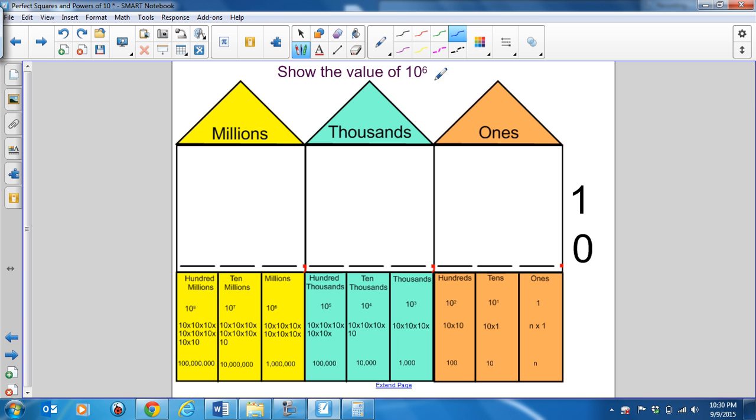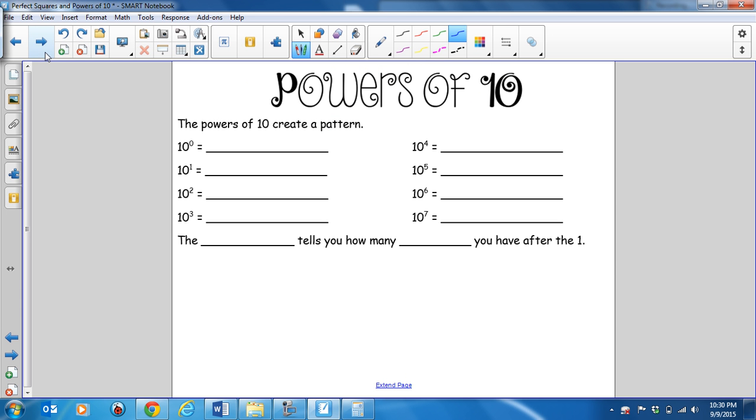This should say 10 to the power of 7. 10 to the power of 7 is 10,000,000.